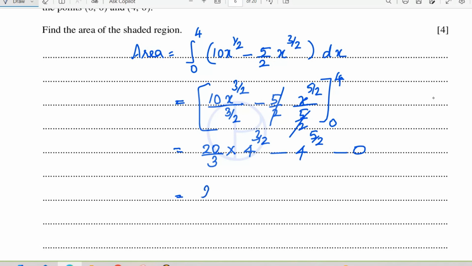So this is equal to 20 divided by 3 multiplied by 8 minus 32.